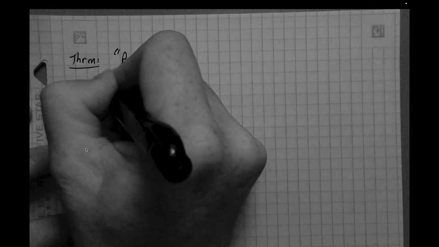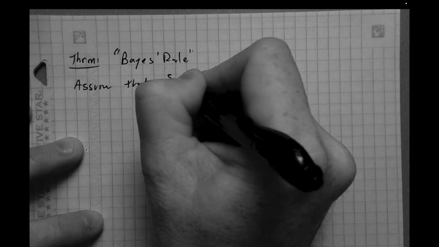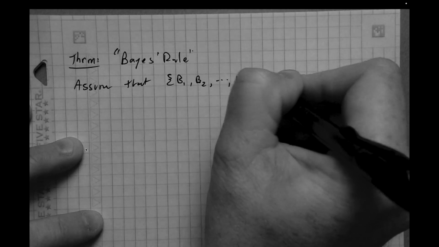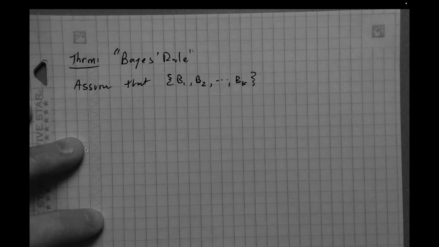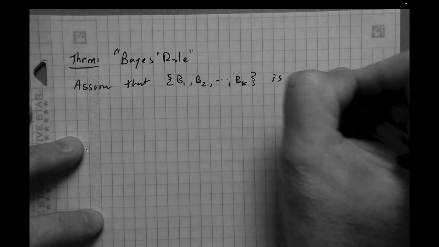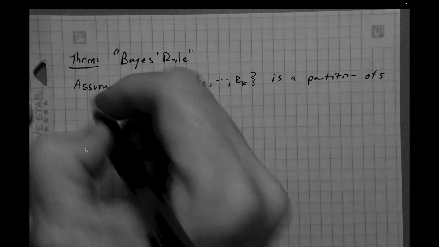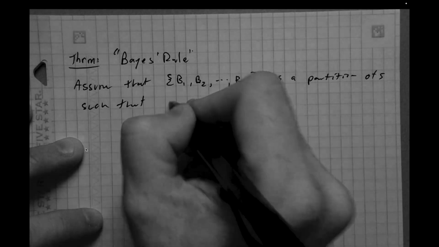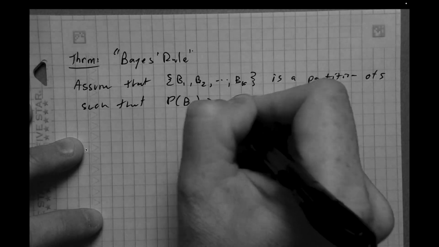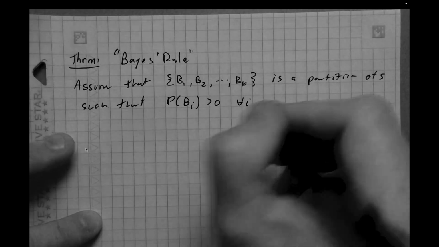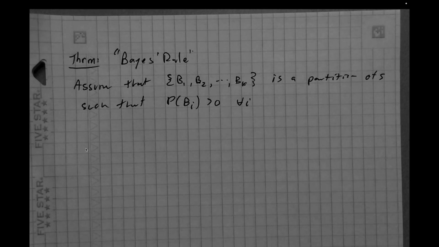Okay, and so what does this say? Assume that B1, B2 through BK, a collection of subsets of a space S, is a partition of S such that the probability of Bi is greater than 0 for all i, 1 through K. Just meaning that this partition is sort of an efficient partition in that we don't have a bunch of empty sets in here.